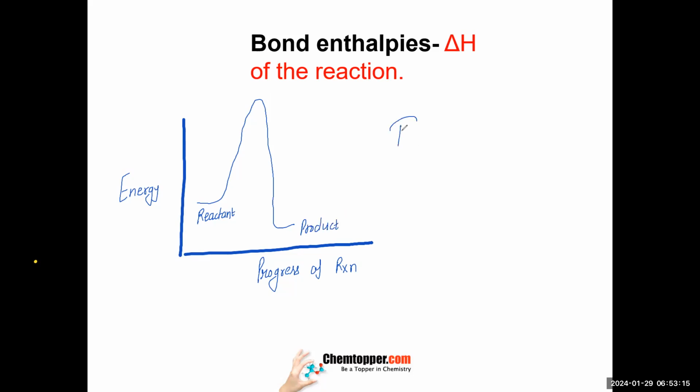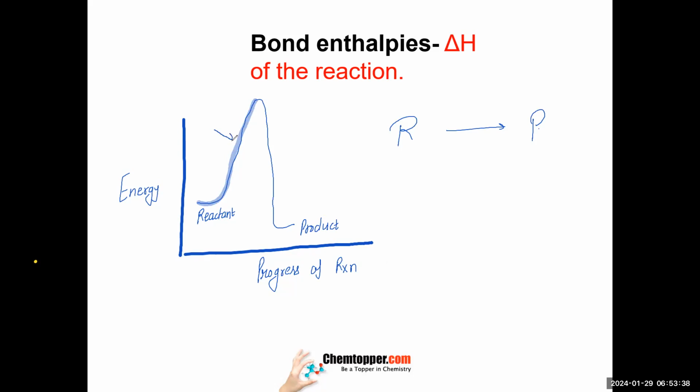So reactant is giving you product. When the reaction is taking place, the very first thing is that energy is needed. You can see this, going up. What is this energy?